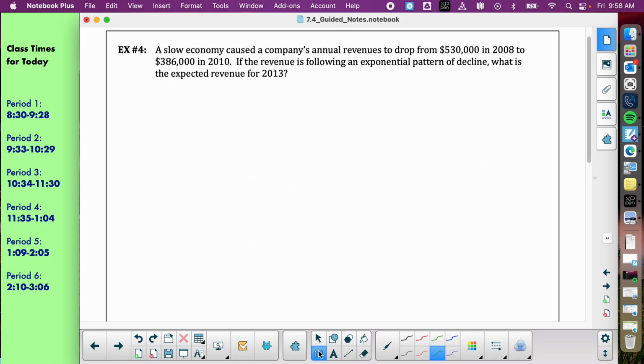Okay, a slow economy caused a company's annual revenues to drop from 530,000 in 2008. Oh, okay, go ahead. I was going to say, how do you have a question about this one already? It has the population of the bacteria at t equals 5. But you get a decimal for that. Are you expected to, like... Oh, no, that's a good question. You can't have a part of a bacteria, right?